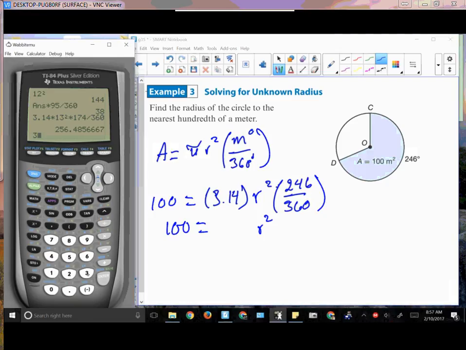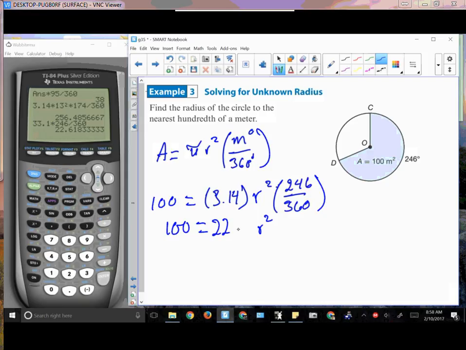But if I take 3.14, multiply it by 246 divided by 360, I end up with 22.62. Okay? Does that make sense to you to do? Yes or no? Make sense? Sure.